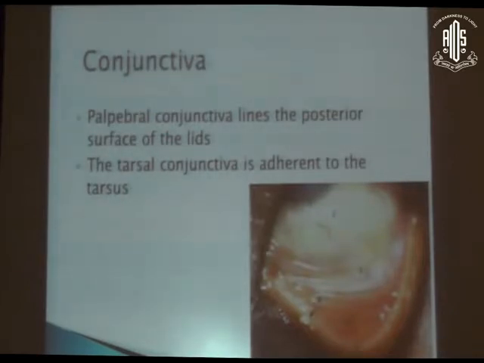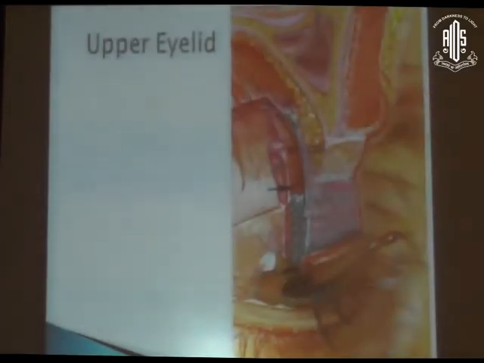It is important to identify any pathology present in the conjunctiva because it may cause cicatricial entropion, as the tarsal conjunctiva is very strongly adherent to the tarsus and is impossible to separate from the tarsus.